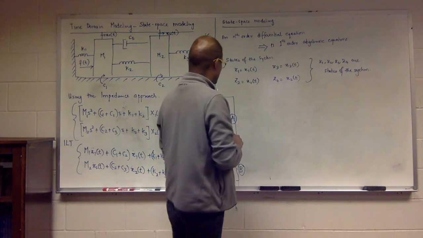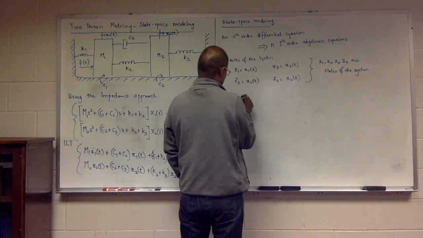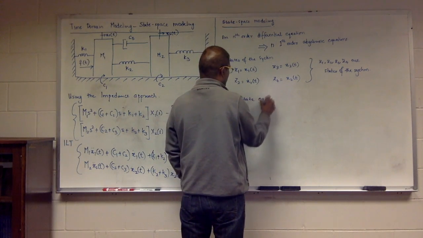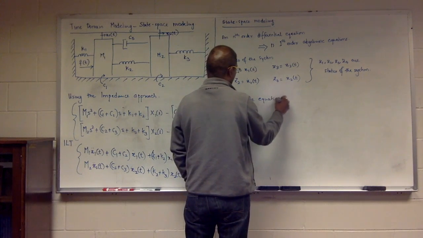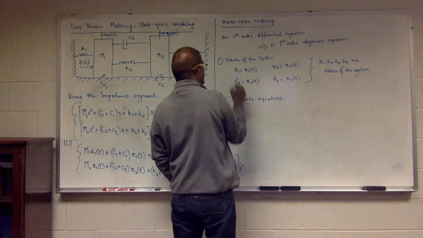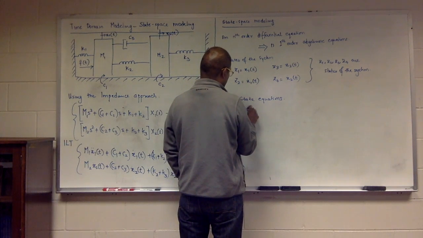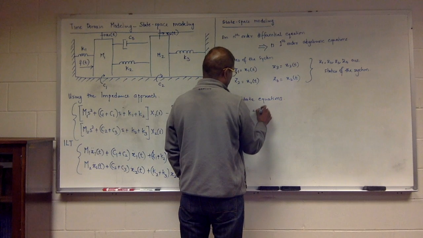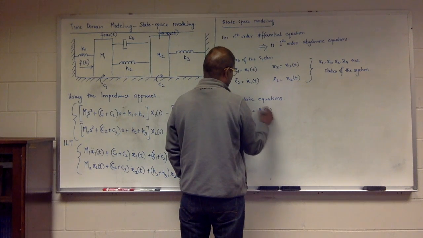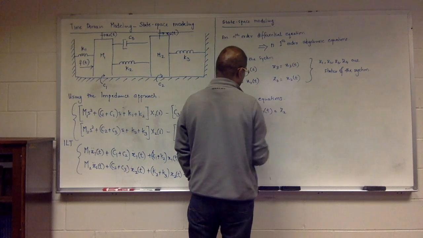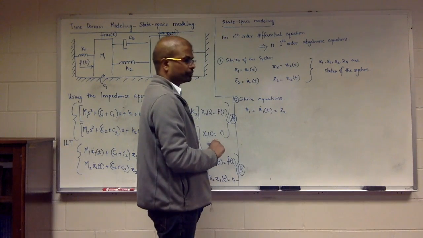Okay. Now, we define something called state equations. Okay, this is the first step and this is the second step. State equations start with z1 dot is what? x1 dot, which is equal to z2. Okay.